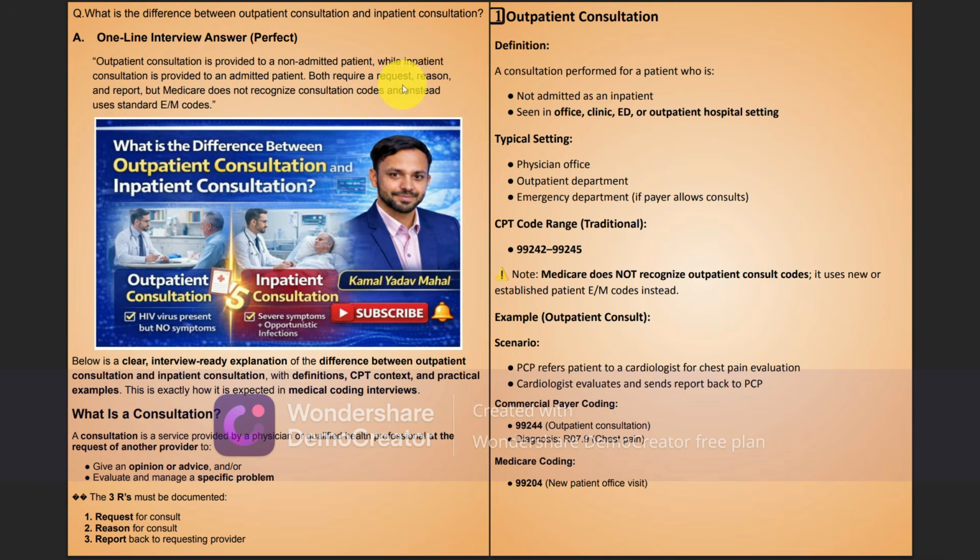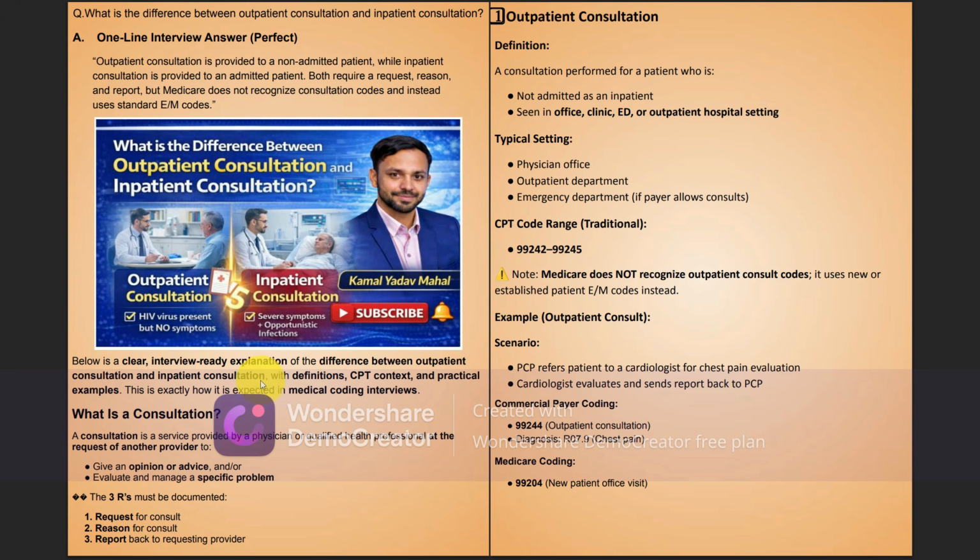Both require a request, reason and report, but Medicare does not recognize consultation codes and instead uses the standard E/M codes as per location and setting. For outpatient consultation, the HIV virus is present but no symptoms, and that person is consulting with a doctor in the outpatient setting. Inpatient consultation involves severe symptoms and opportunistic infection. These are examples of inpatient and outpatient.